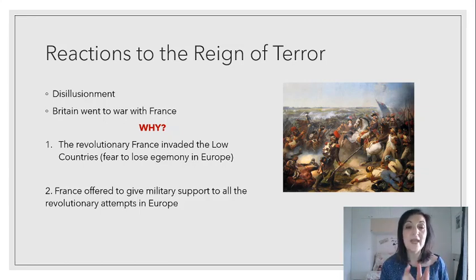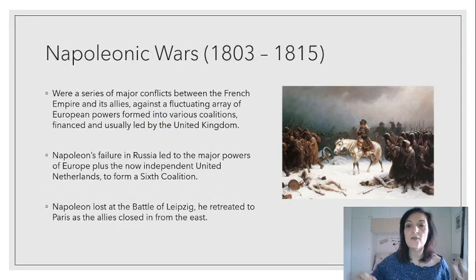The second reason why Britain went to war with France was that France invaded the Low Countries, Paesi Bassi, and so Britain was afraid to lose the hegemony in Europe. So this was a reaction against the Reign of Terror. What happened in Britain after the Reign of Terror? After the Reign of Terror, there were the so-called Napoleonic Wars.